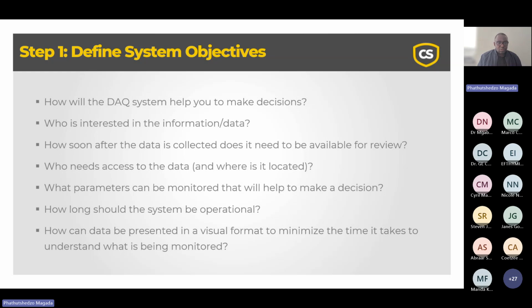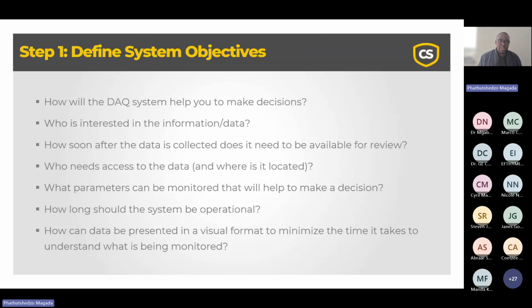Who needs access to the data, and as these stakeholders have interest, how far are they located from the site? In some instances, the stakeholders or decision makers are far away. We have a project in Ethiopia where the stakeholders and decision makers are located about 700 kilometers from the sites.